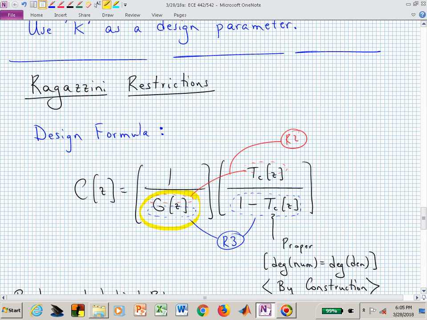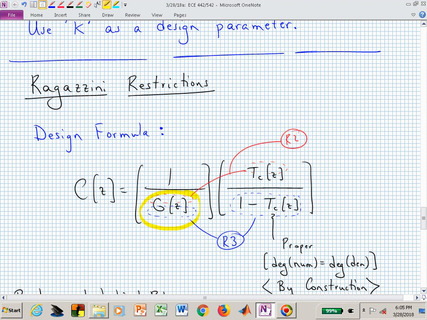So the numerator of your plant now becomes the denominator of your controller. Is that making sense? Think of g of z as a rational transform, and you have zero factors and pole factors. The zero factors, which I've hashed in red, and the denominator factors, which I've hashed in blue, those will pop upstairs because they're in the denominator of the denominator.